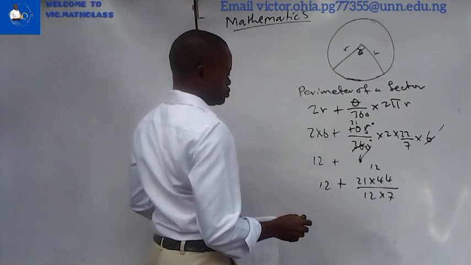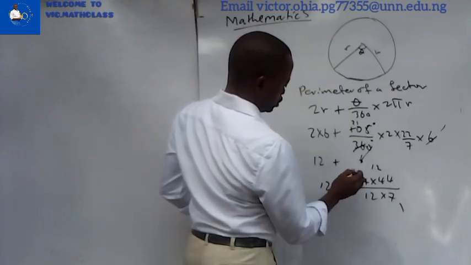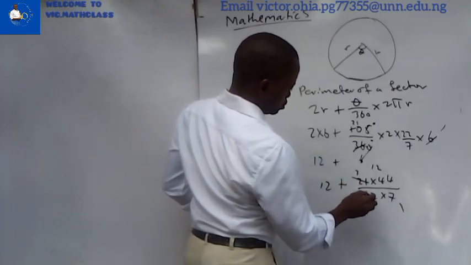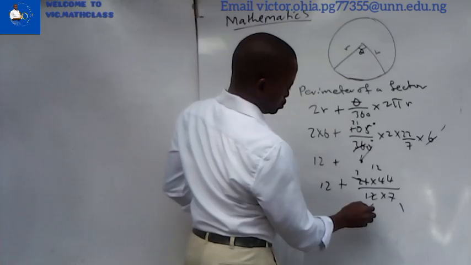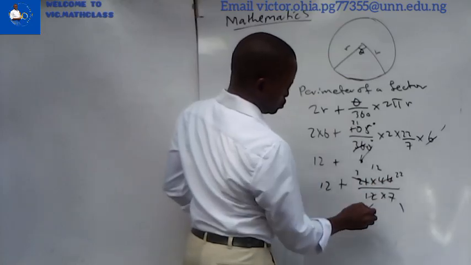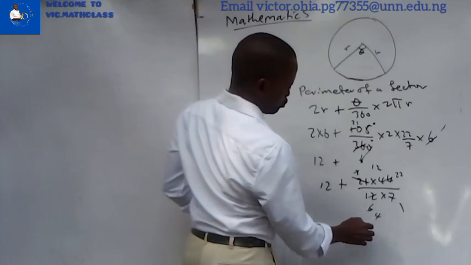Is there anything I can still do here? 7 into 21 is 3. 2 into 12 is 6, 2 into 44 is 22. I can keep on going. 3 into 3 is 1, 3 into 6 is 2.